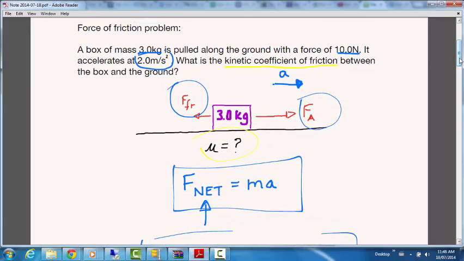So in any problem where acceleration or deceleration is mentioned, where an object is speeding up or slowing down, we can start off with this formula here. In most cases, this formula will start us off in the right direction.